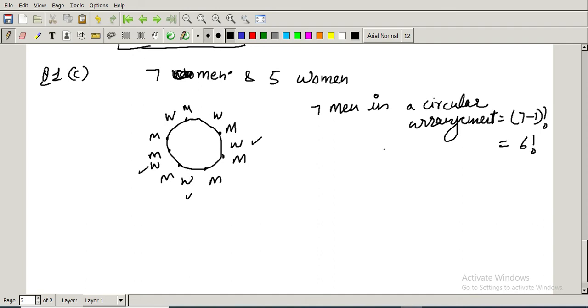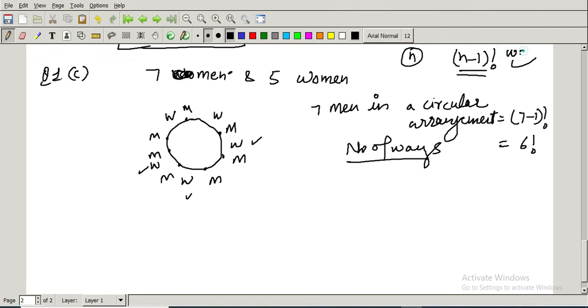The number of ways for n items to be arranged in a circular manner is n minus 1 factorial. You know that. If you don't, you have to know that in a circular arrangement, n items can be arranged in n minus 1 factorial ways.